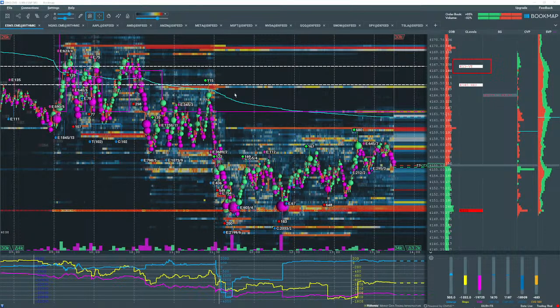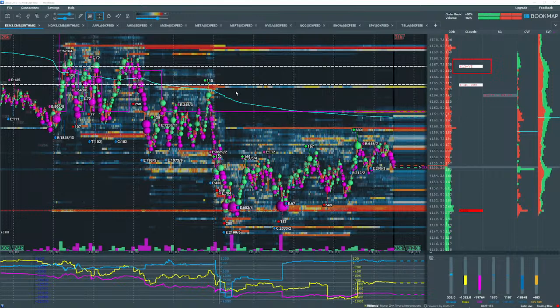Let's talk about shifts in levels now, and there were a few. For SPX, the volatility trigger shifted higher from 40.95 last Friday to 41.10 today, and also the SPX put wall shifted higher from 3,800 to 3,900.